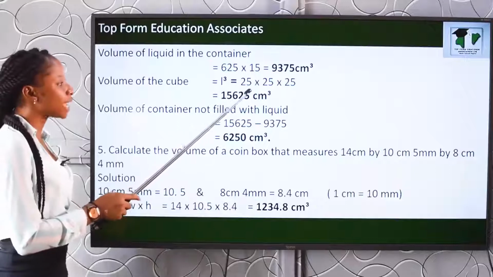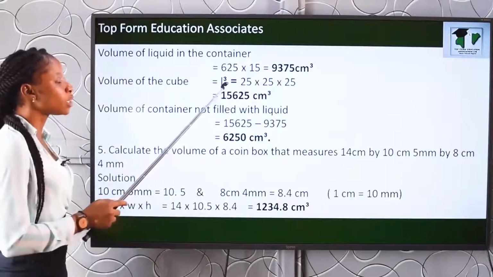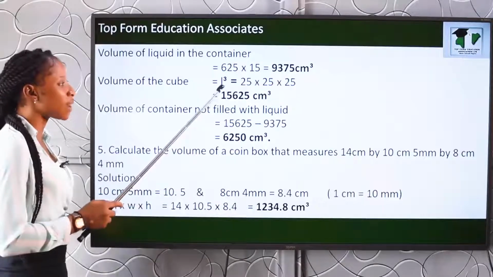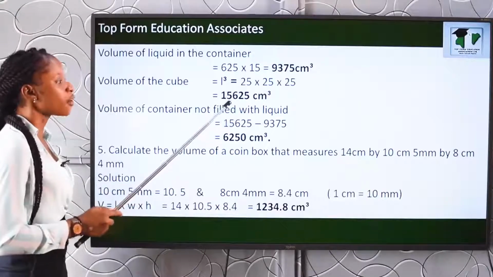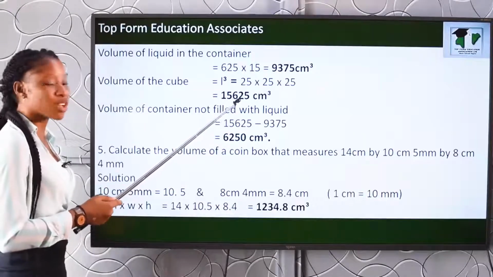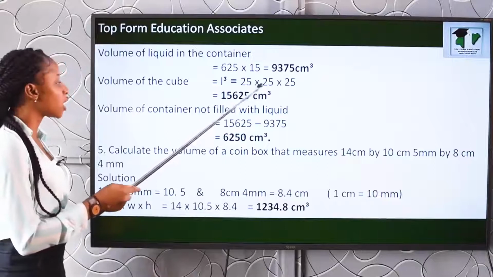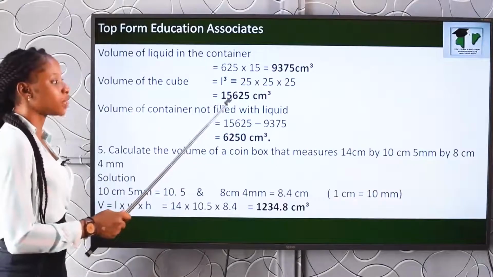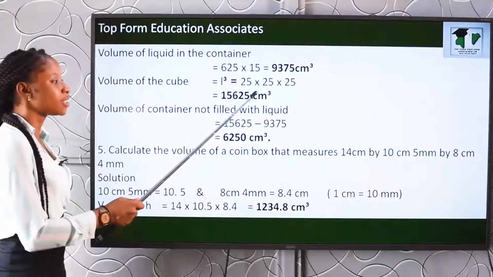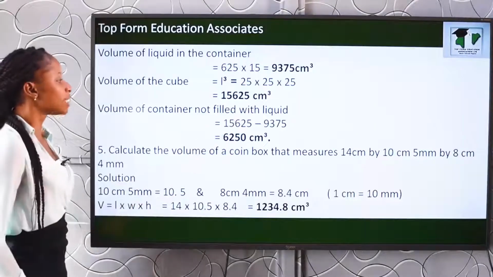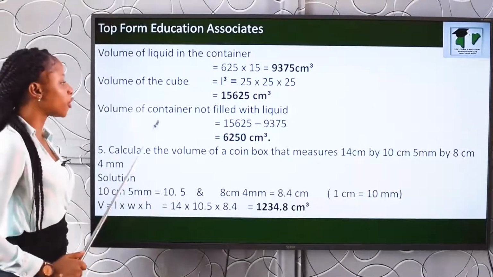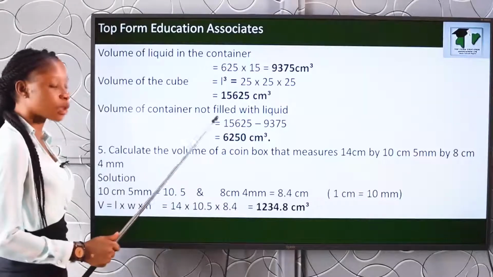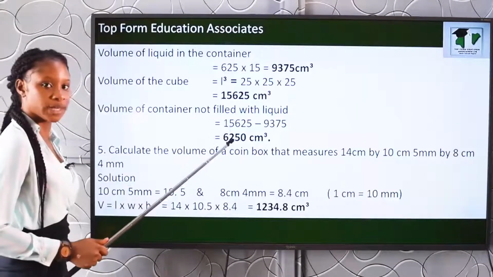When we multiply it 3 times, that is, when we take the cube, we are going to have 15,625 centimeters cubed. Therefore, the volume of the cube is 15,625 centimeters cubed.